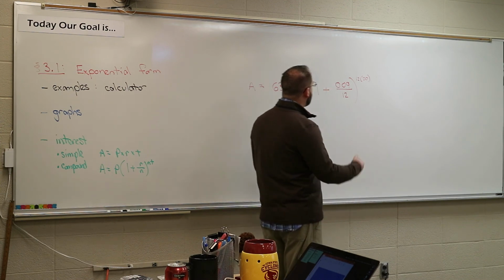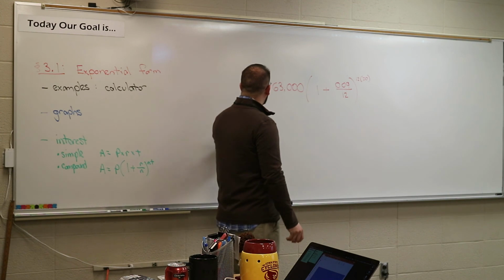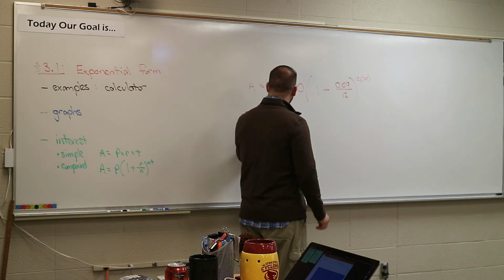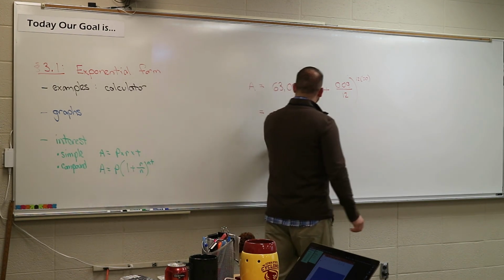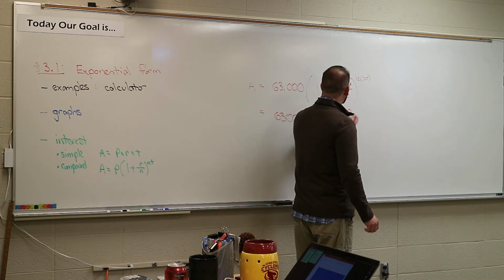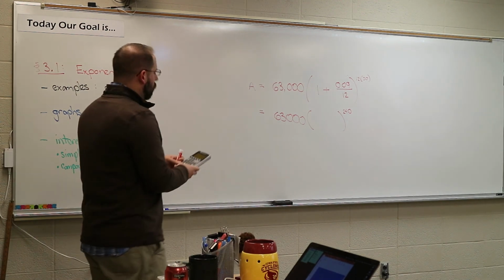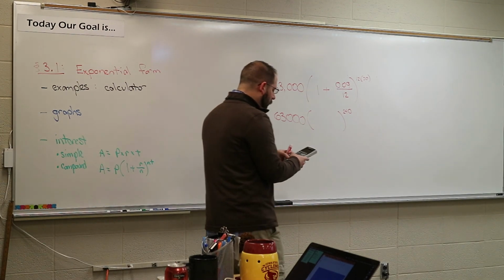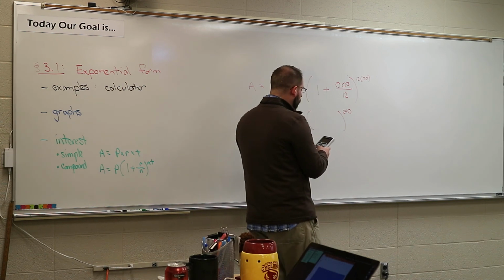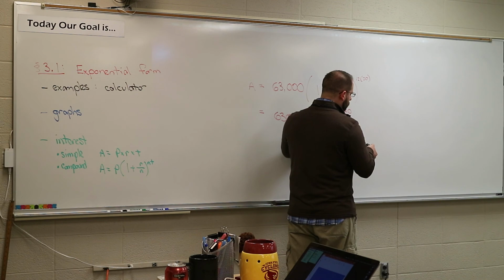But the idea is that we have a 9% interest, and this is the money that we're investing. We can type this in and see how much money that's going to be. So 12 times 20 is 240. 1 plus 0.09 divided by 12 is 1.0075.